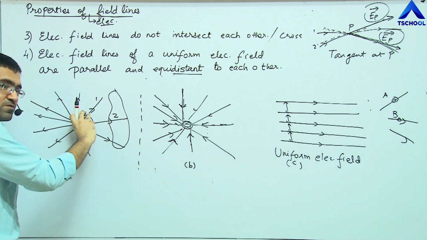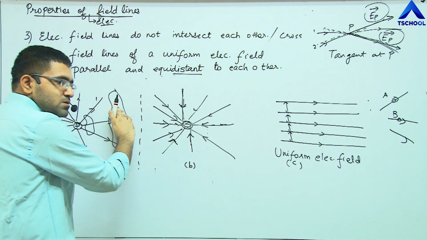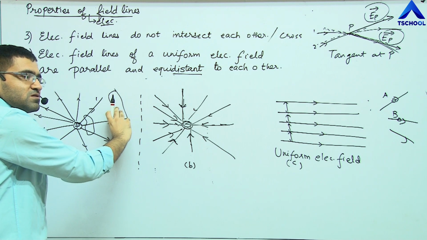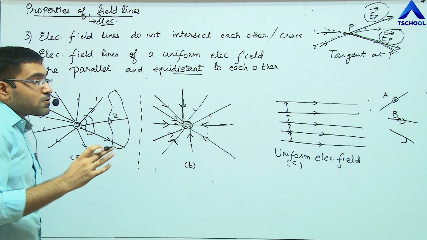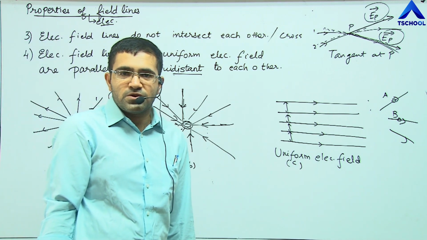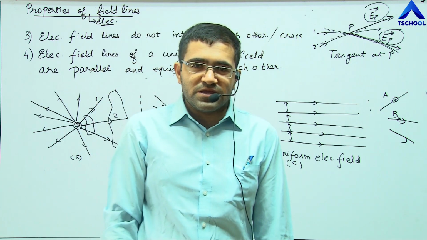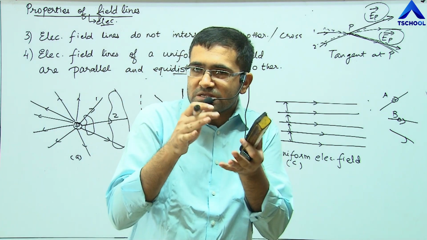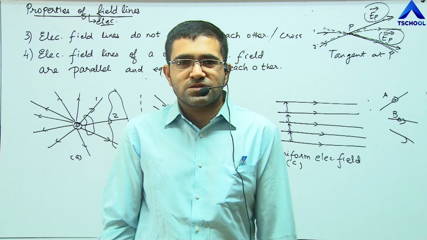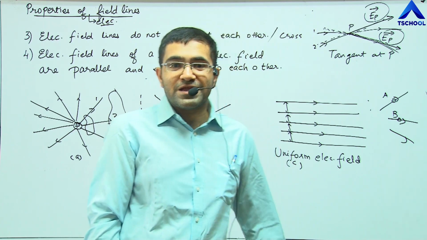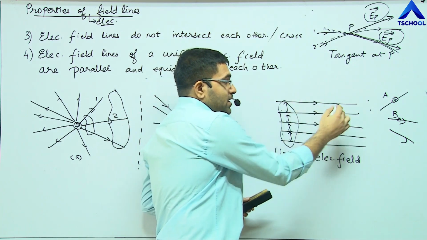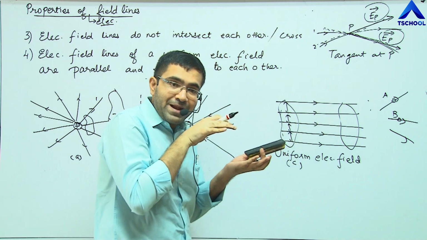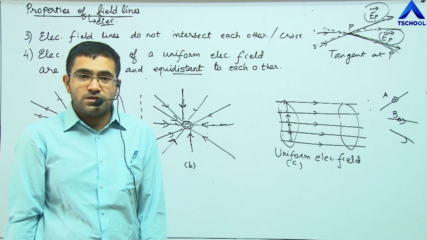The magnitude of the electric field is more. But in this region, the magnitude of the electric field is less. Correct? But such a field cannot be called uniform, right? If you recall the second point again, it is that the closeness of the field lines indicates the magnitude of the electric field. So you could see they are equally close over here as they are over here because they are parallel, right?